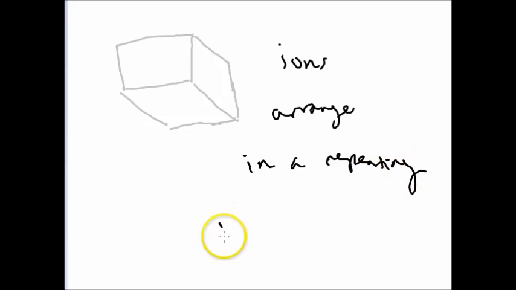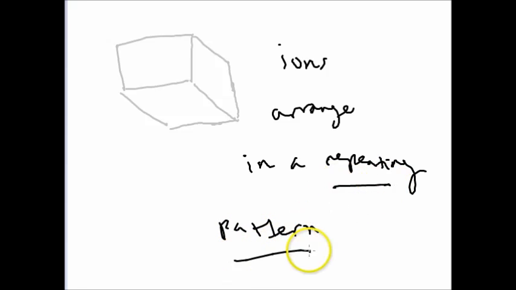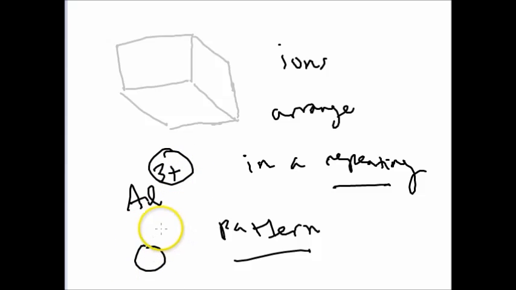The reason why ions arrange themselves in a repeating pattern is because they are charged, and they all have the same charge. So all of the aluminum ions, they all have the 3+ charge, all of them. And all of the oxygen ions, they all have the 2- charge, all of them.